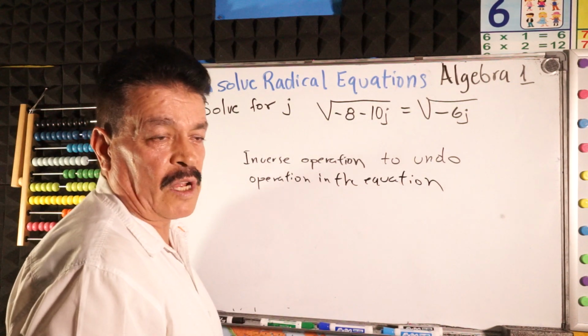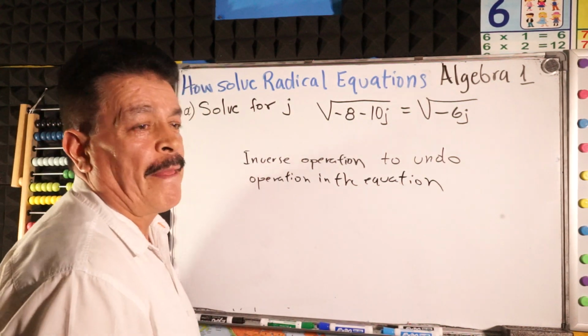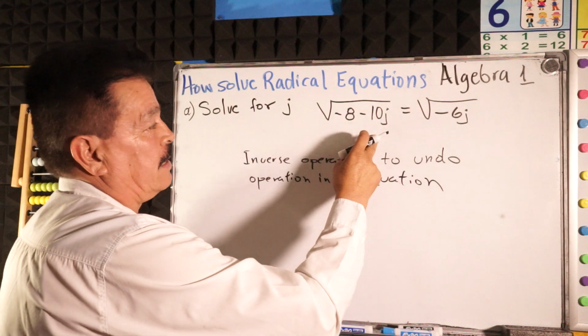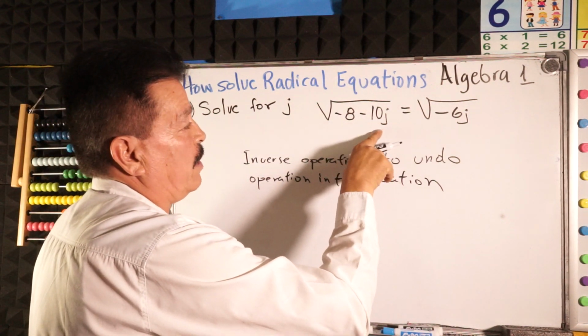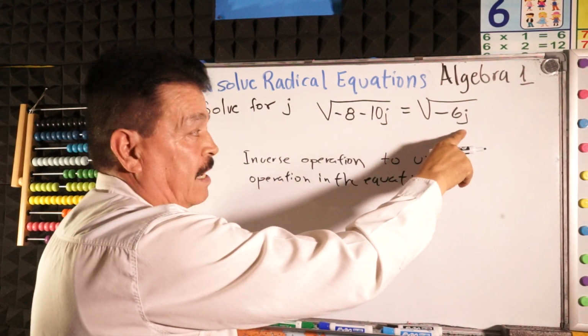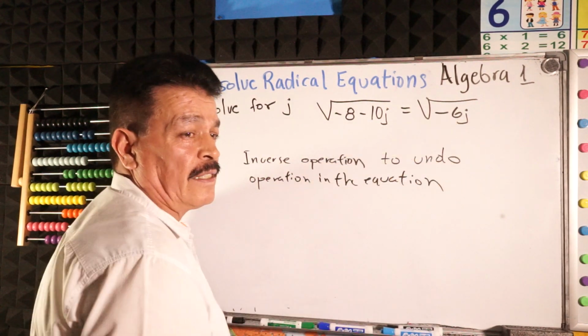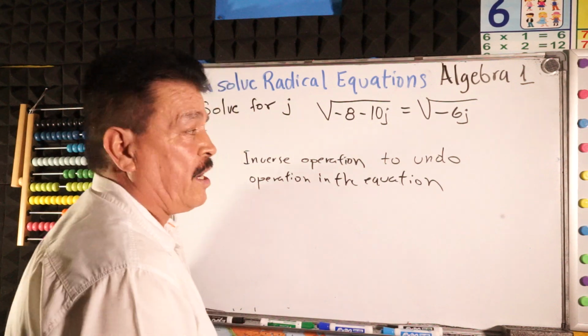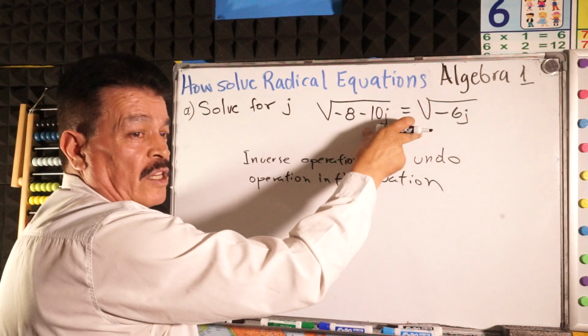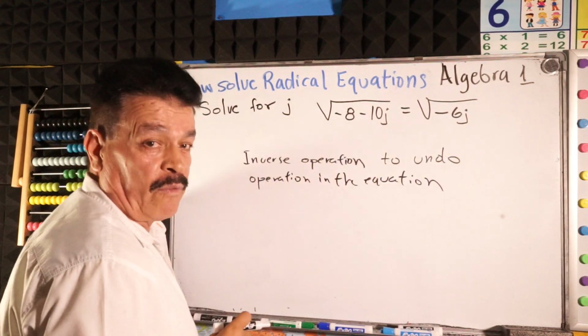This is the direction. Be sure to combine like terms. In this example, we have negative 10j and then negative 6j, and we do the same operation on both sides of the equation.